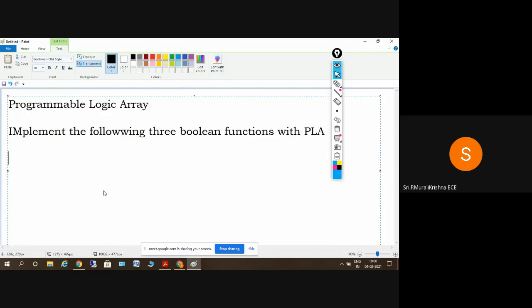Okay. So take down this. F1 of a, b, c is equal to sigma of 0, 1, 2, 4.